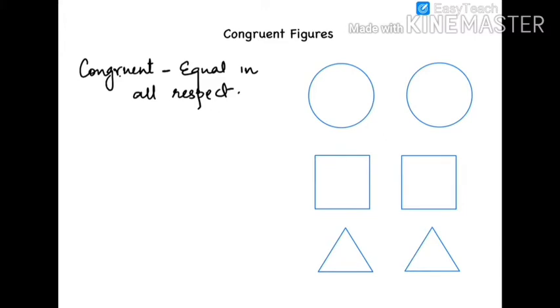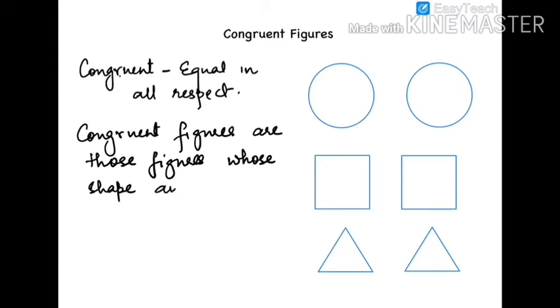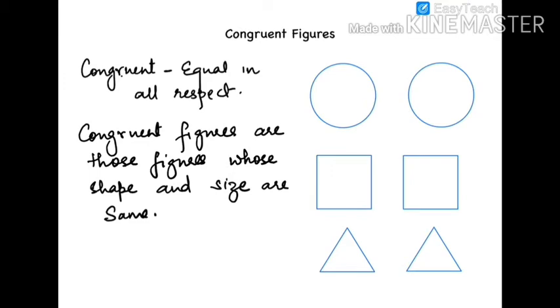Notice that we were able to overlap these figures because they have same shape and same size. So congruent figures are those figures whose shape and size are same.